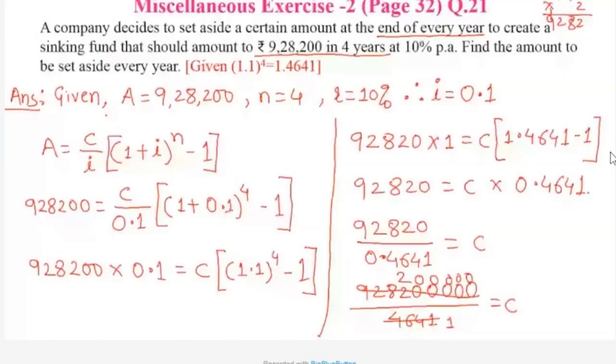Shabazz, once done, let me know. Okay. Now write down the final answer. The amount to be set aside every year is rupees 2 lakhs.